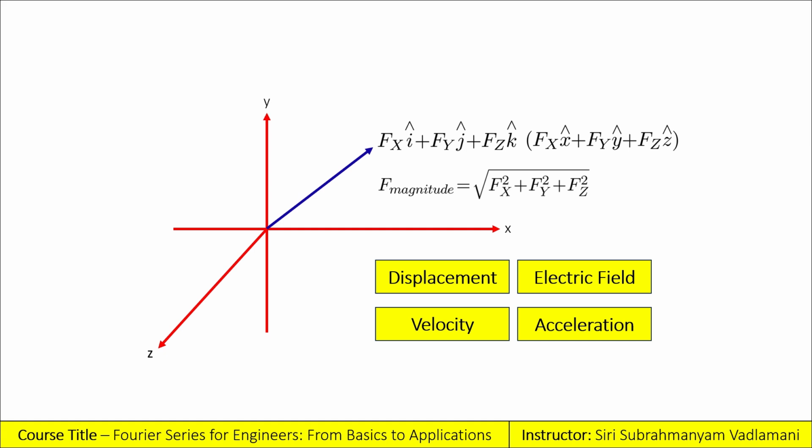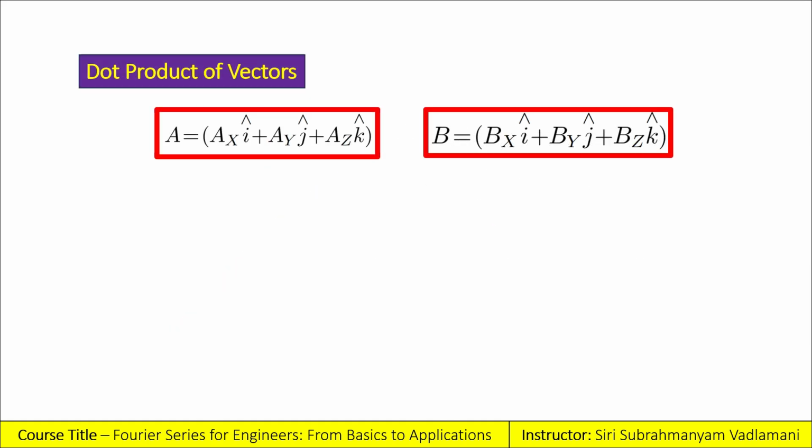Let us now discuss a fundamental operation between two vectors, the dot product. Consider two general vectors A and B expressed in terms of their components along the x, y, and z axis as shown here.